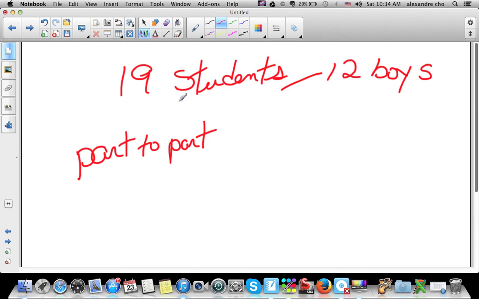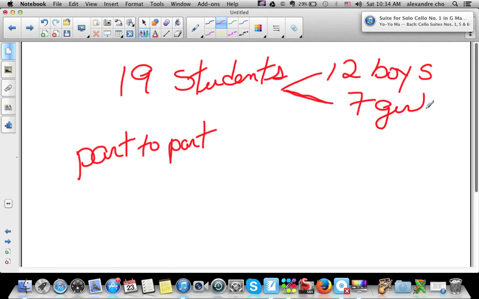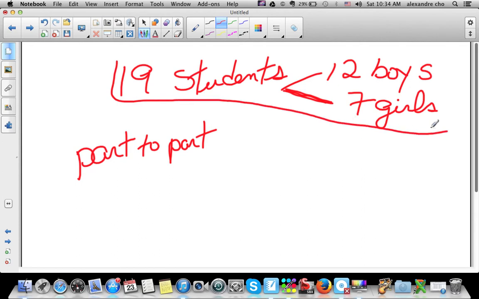Well, I know the problem didn't say it, but if I have 19 students and 12 are boys, it's a little obvious that the rest of the students are girls. So we can assume that if 12 are boys, the rest must be girls. I needed to have that information before doing my part-to-part ratio.